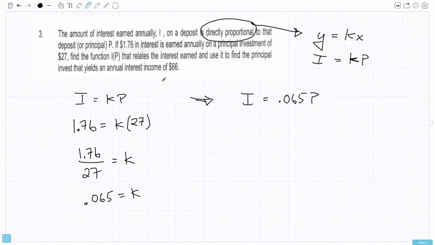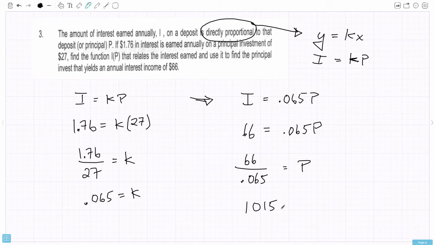Now the question is, use this to find the principal investment that yields an annual interest of 66. So if the interest is 66, then I can find out what P would have to be. So $66 divided by that constant 0.065 will give me the value of P. That's 1015, let's say 38 cents.